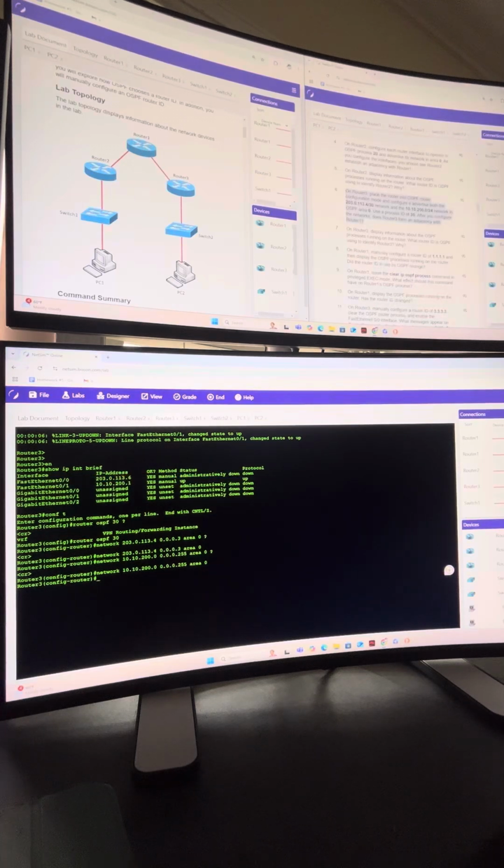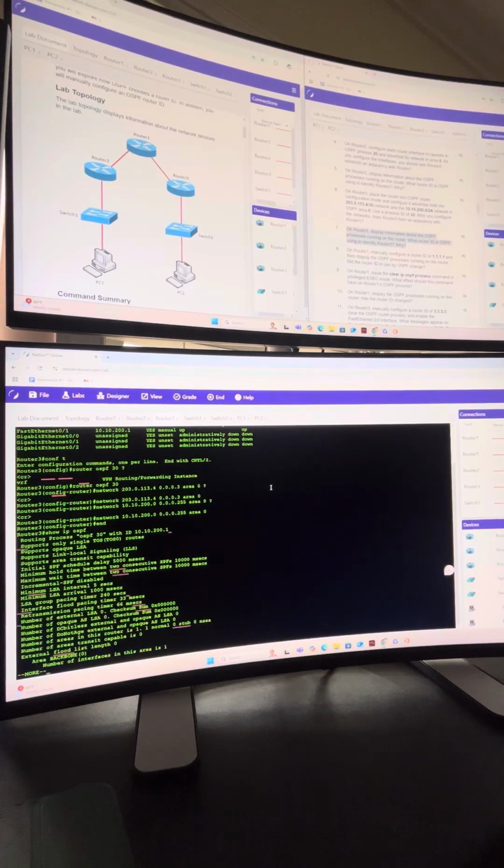All right. So on number 7, it says on router 3, display information about the OSPF processes running on the router. What router ID is OSPF using to identify router 3 and why? So if we go to router 3, we're already here. Let's do an end and let's do a show IP OSPF. And if we take a look, we can see that the router ID that router 3 chose was 10.10.200.1.